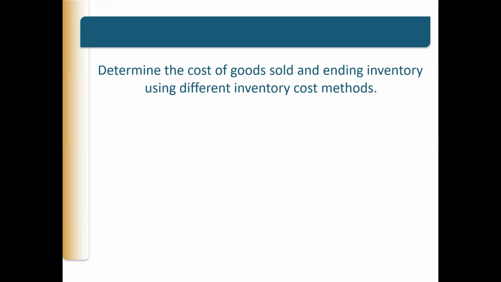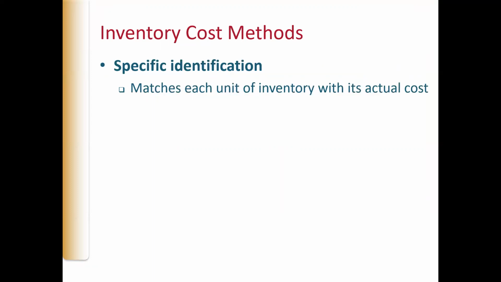Now, here's the key today. The focus is on various types of inventory costing methods. Inventory is unique and diverse. There's all kinds of inventory out there, but companies are allowed to show the costing of inventory based on a couple specific methods.